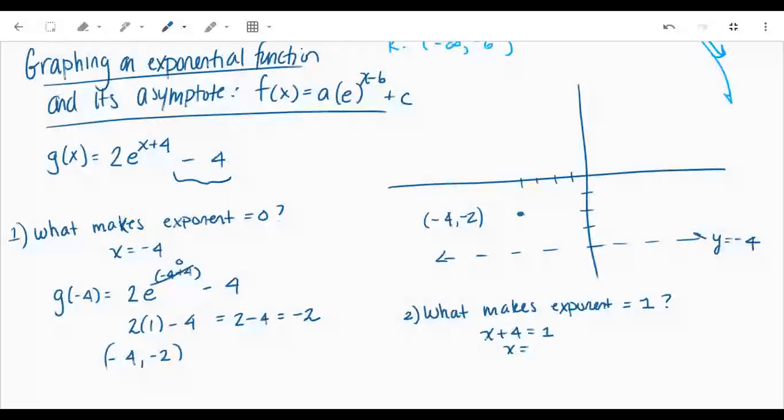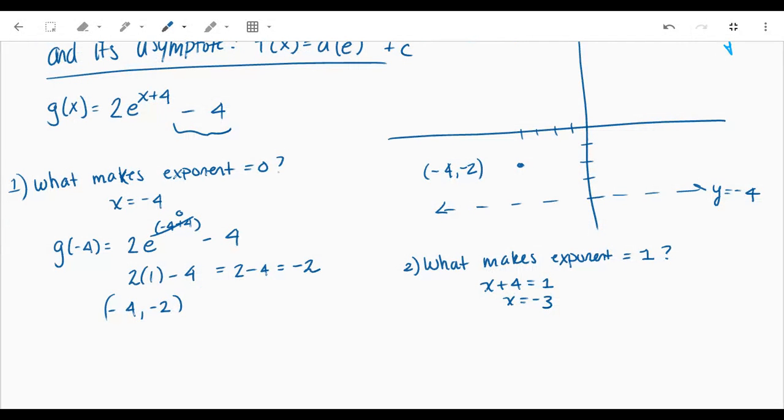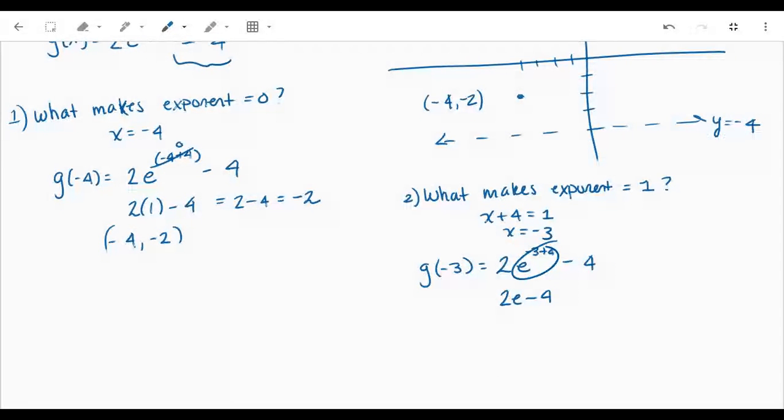That would be when x is negative 3. Okay, so g of negative 3 would equal 2e to the negative 3 plus 4, minus 4. And that would be e to the first power, so 2e minus 4. And you get to just leave it like that. So your point is negative 3, 2e minus 4.